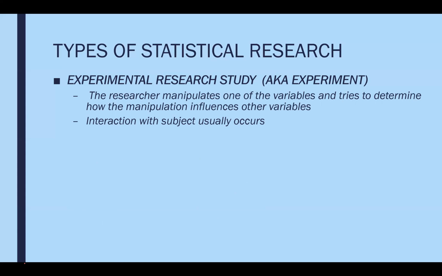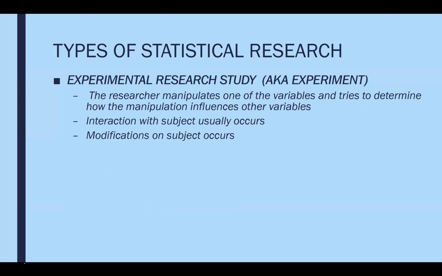Probably something you can relate to with an experiment would be perhaps a new drug trial, where part of the group is given a placebo and another group is given the medication, and you look to see, are there any kind of side effects? Does the drug work? That sort of thing. So there has to be some interaction with the subjects to get feedback.